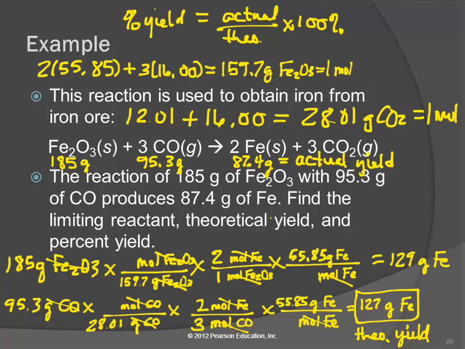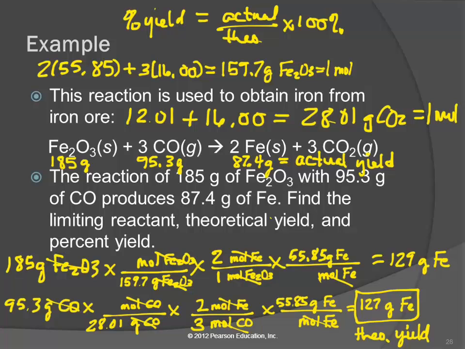If you make 2 moles of iron, you have to make 3 moles of CO2. And so the products are always going to come out in a stoichiometric ratio. You can add the wrong amounts of reactants, and one will get used up and one will get left over, but the products are always going to come out okay. So that's the theoretical yield.